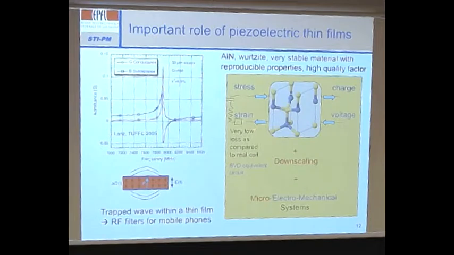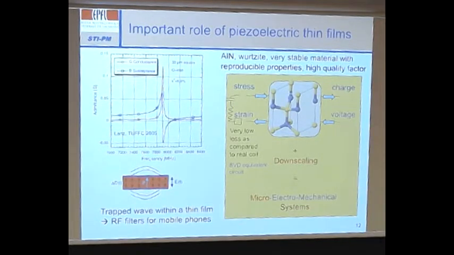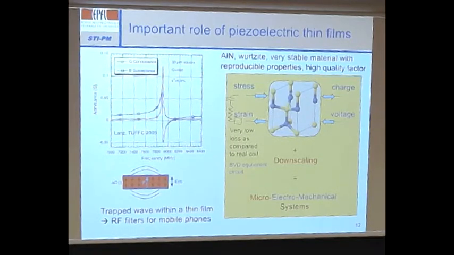And because it's a mechanically very good material, it can be used to make resonances in the microwave region. You see here symbolized a thin film that is driven in a parallel plate electrode system. And what one does is one makes a thickness mode resonance. And you see here the thickness mode resonance in the admittance. So you measure the admittance or alternatively the impedance.